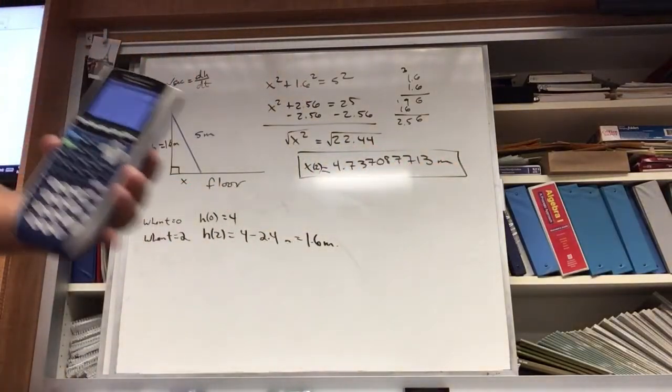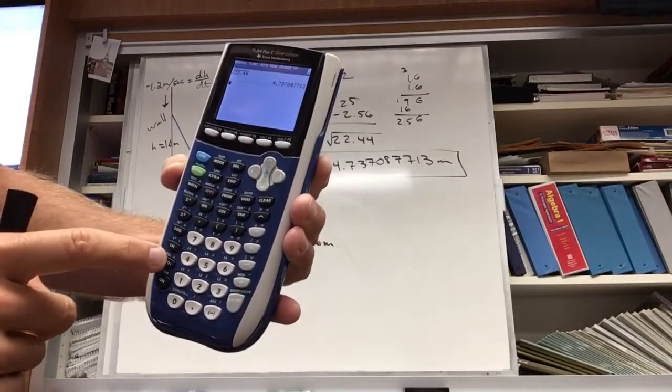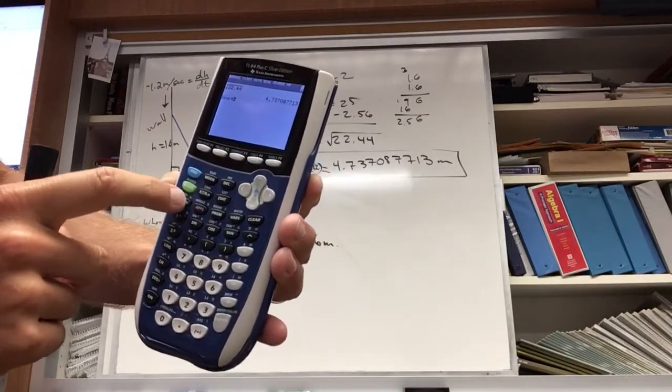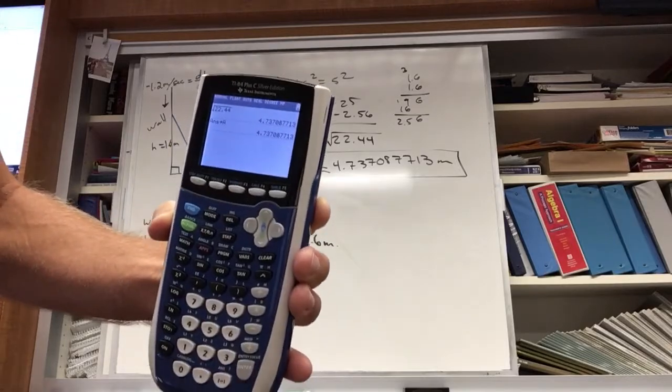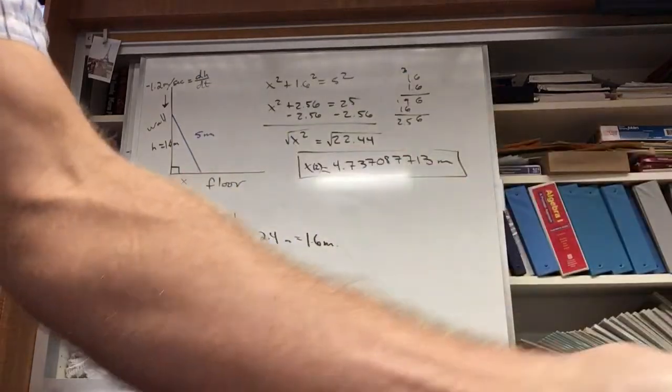Now, in my calculator, I'm going to store that as, let's just call it alpha A. So that's now stored in my calculator so I can reference it later.